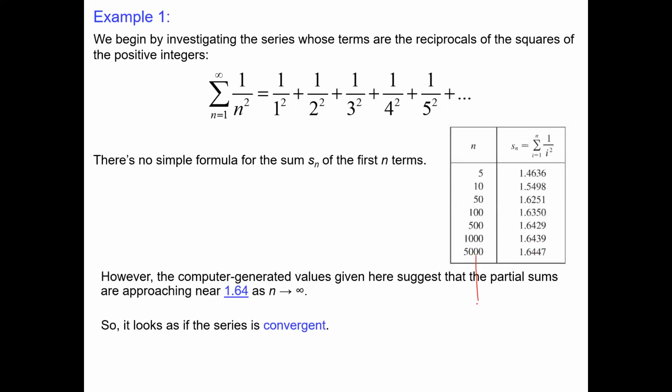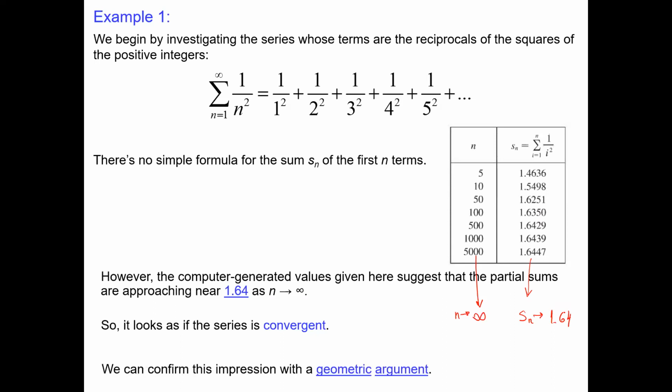Even if n is a huge number, as n goes to infinity, the partial sum S sub n is approaching 1.64. We will keep adding, but it will never be greater than 1.64. Okay, it's definitely convergent, but let's look closer.